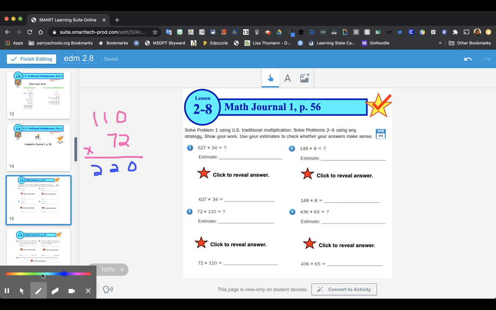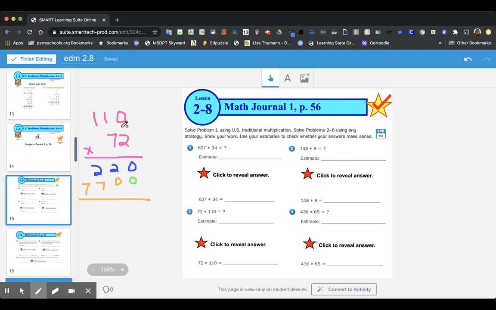I'm going to change my color for moving over. I know that my 7 is actually worth 70, and I'm moving over to the tens place. So I'm going to put a 0 in that ones place to remind me I don't need anything there. Now I'm going to do 7 times 0, which is 0, and then 7 times 1, which is 7.